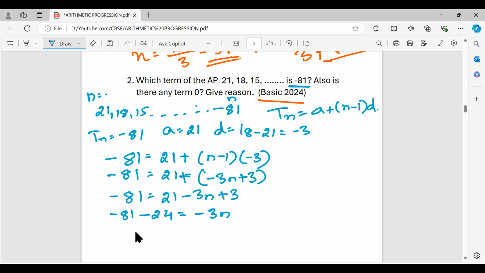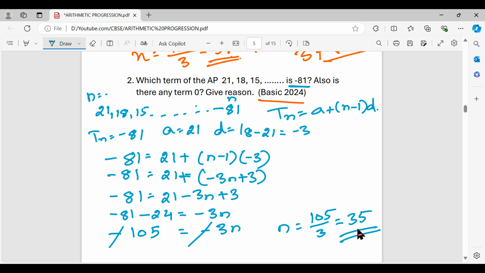And then we have here minus 105, which is equal to minus 3n. Now minus and minus gets cancelled, and then n equals 105 over 3. So we divide this, 3 3s is 9 and 3 5s is 15. So n is 35. It means yes, minus 81 is the 35th term of this sequence.